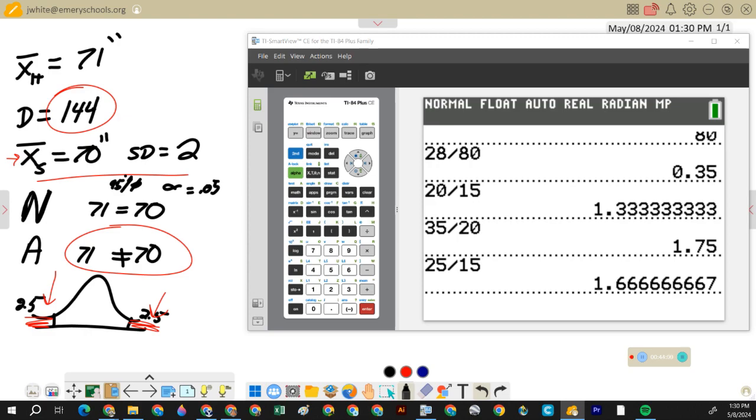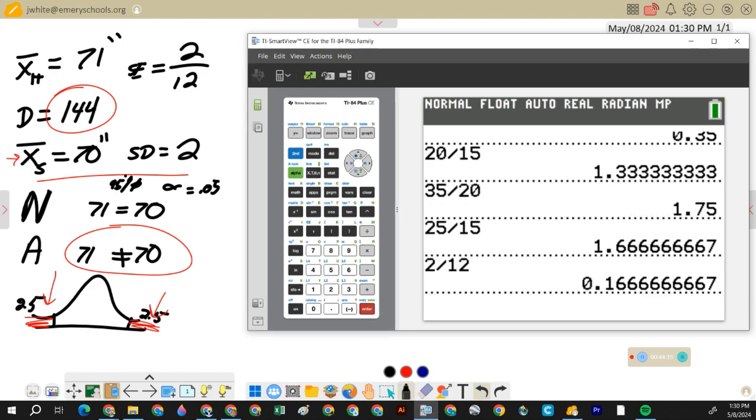All right. So I need an SE. And my SE is going to be SE average, which is 2 divided by the square root of 144, which is 12. So 2 divided by 12, and I get 0.166. So my SE is 0.166. So I expected 71, and I ended up with 70.